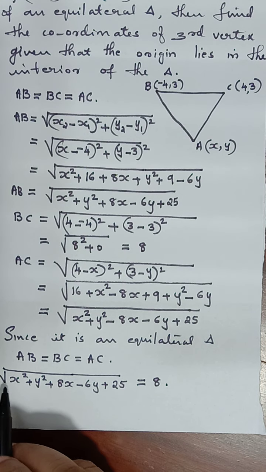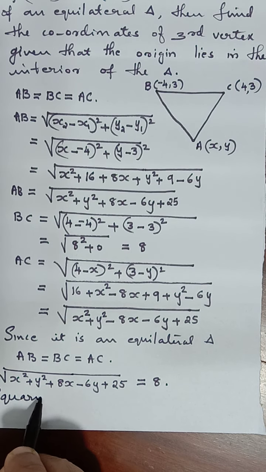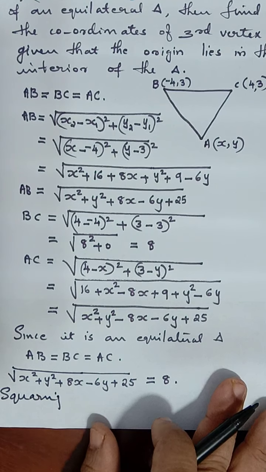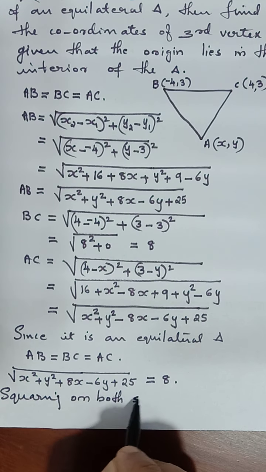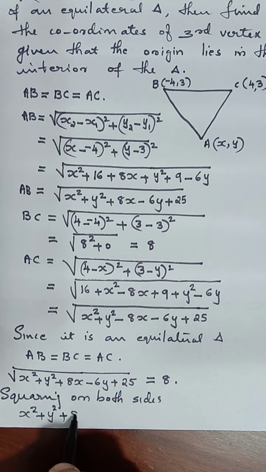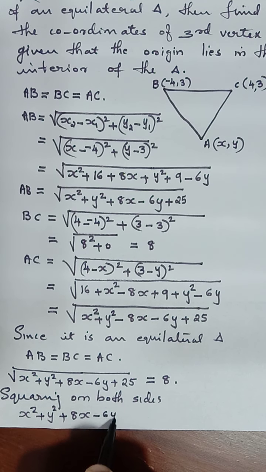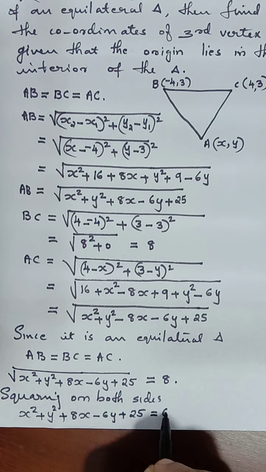Let us remove the root, squaring on both the sides. We get x square plus y square plus 8x minus 6y plus 25 equal to 8 square, which is 64.